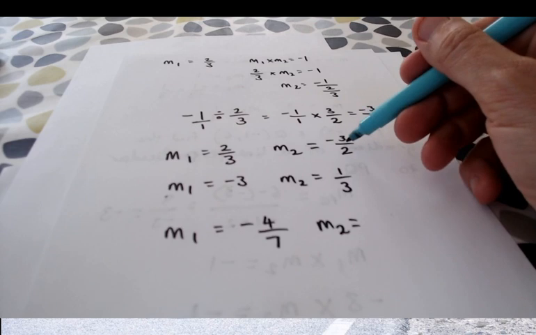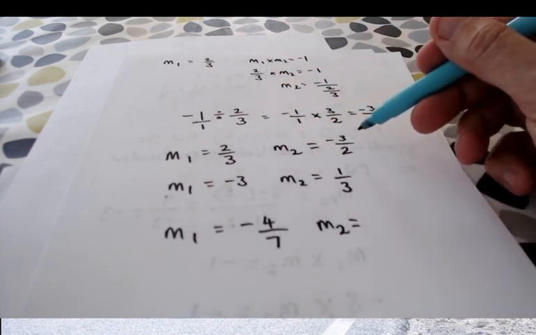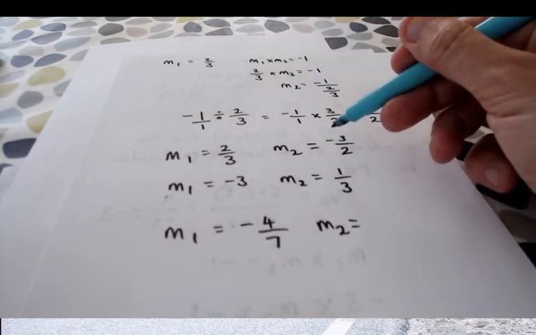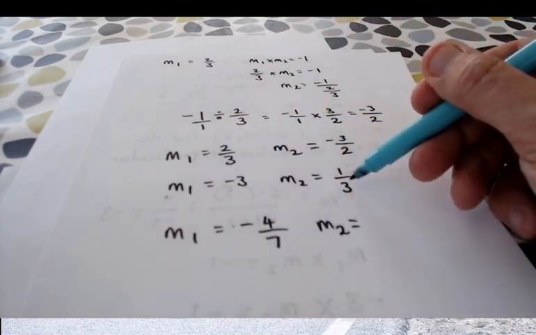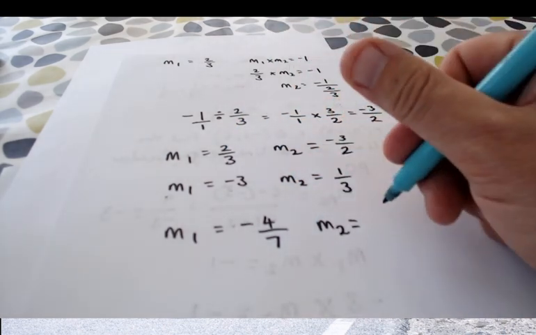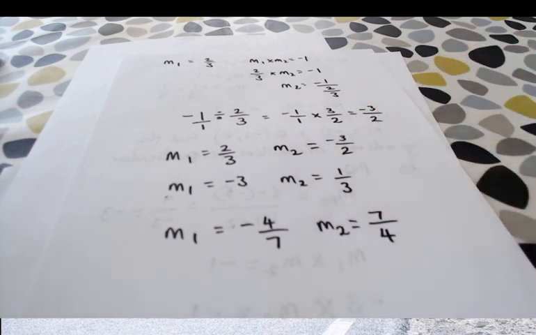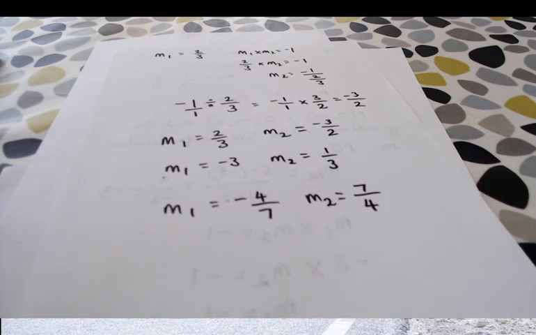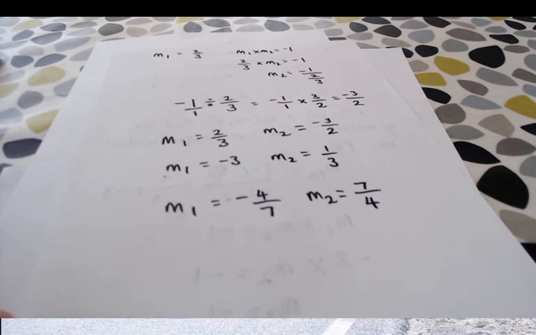Follow what is happening. We are turning the numbers upside down and we are changing the symbol. Minus 4/7 will become positive 7 over 4. That is the fast way of getting the perpendicular gradient.